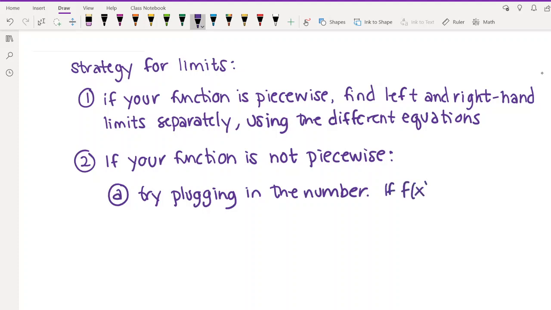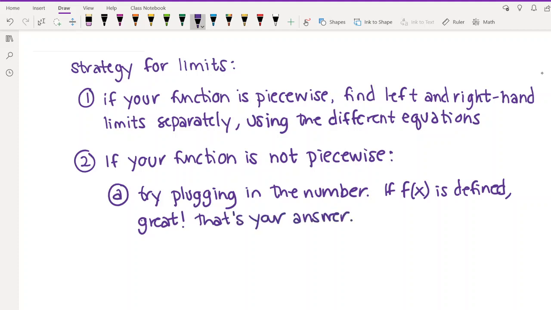If f of x is defined at that number, then great, that's your answer. If you can just plug in the number and get an answer, you're good.